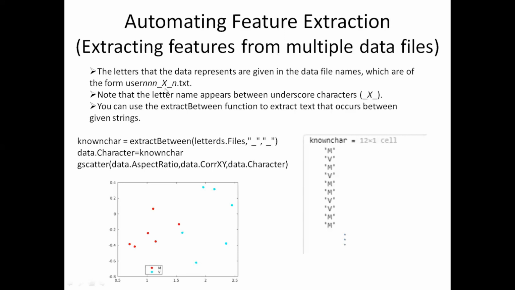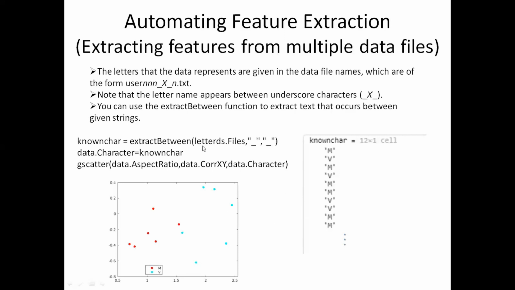The data in that particular file corresponds to this alphabet, which is part of the file name. So now we are going to use the extract between function, which will give us the character that is there between the two underscores, because we have an underscore on either side of this character.